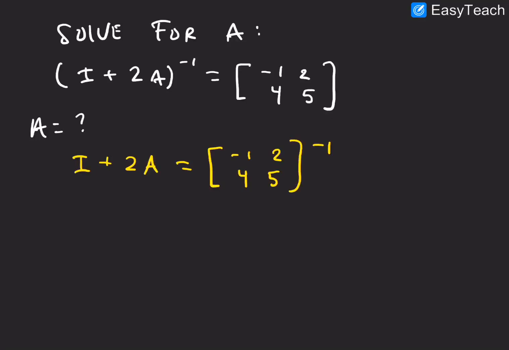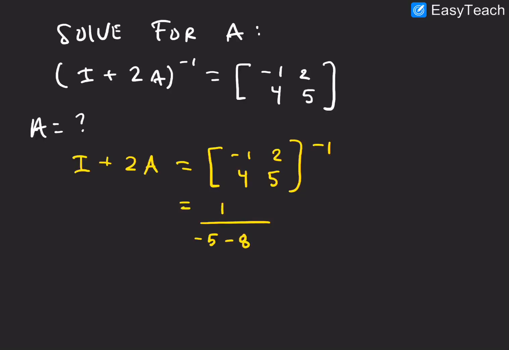Alright, so let's deal with the right side. So this is a 2 by 2 matrix, and we're trying to find the inverse. No problem, right? We get to use our formula. That's going to be negative 5 minus 8.